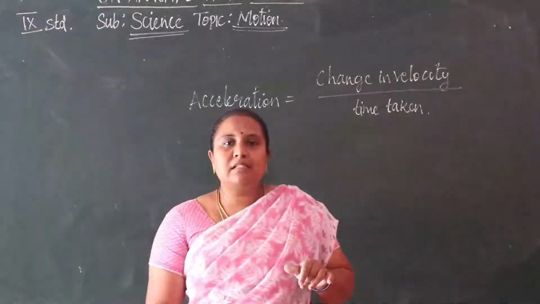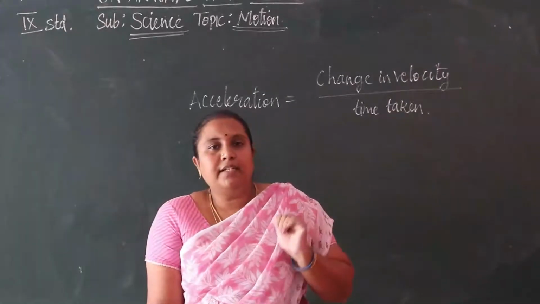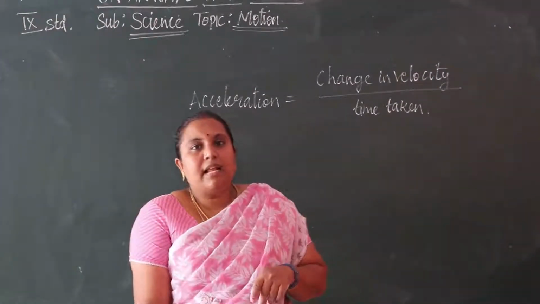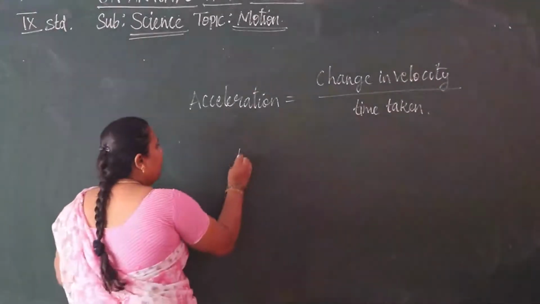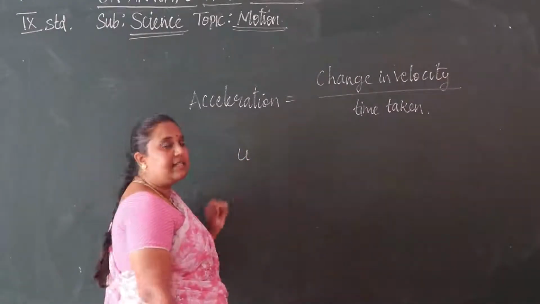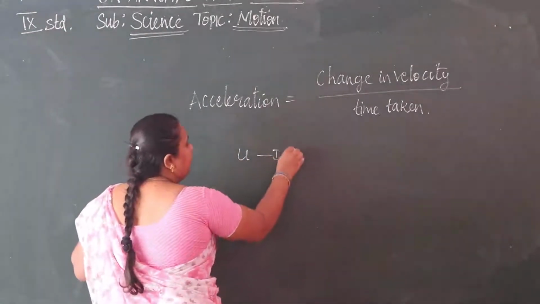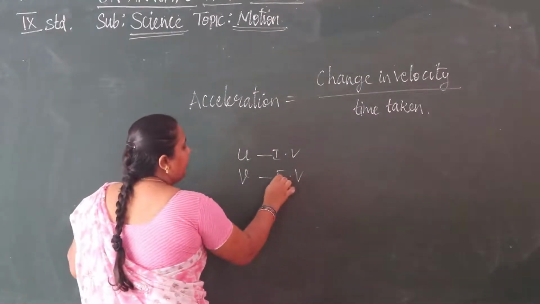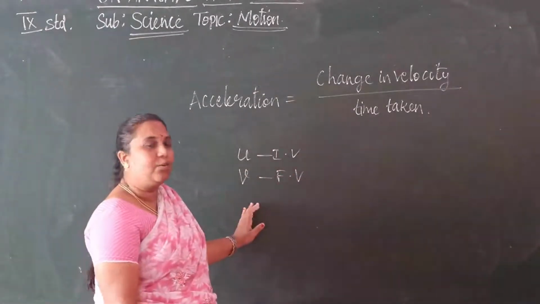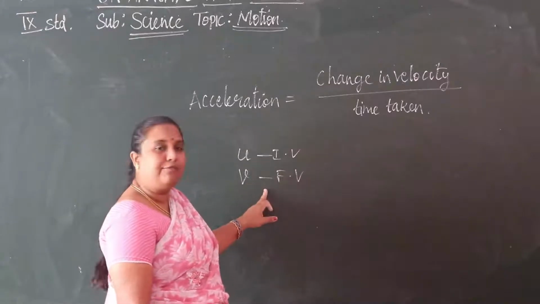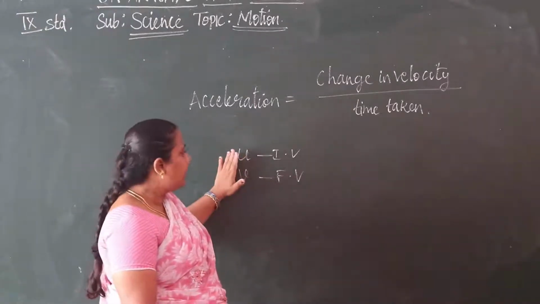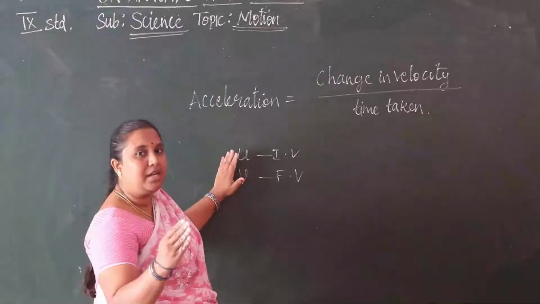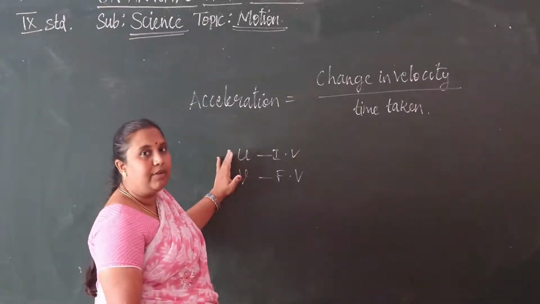We have initial velocity and final velocity. Initial velocity is u, and v is final velocity.